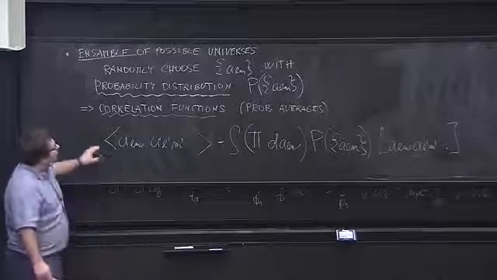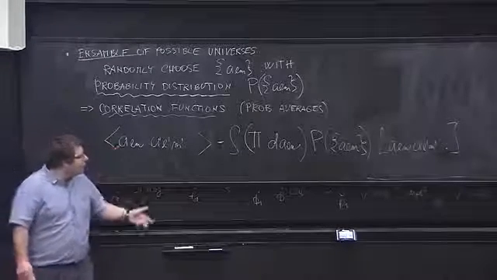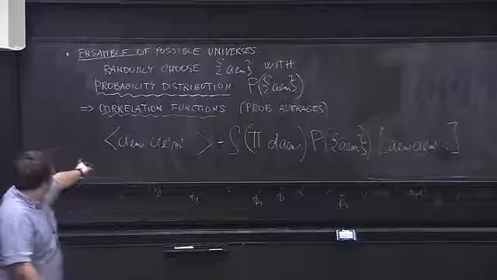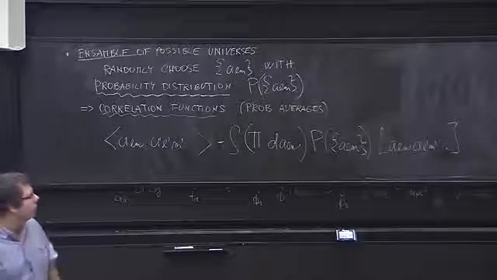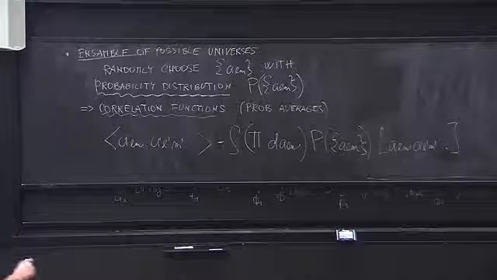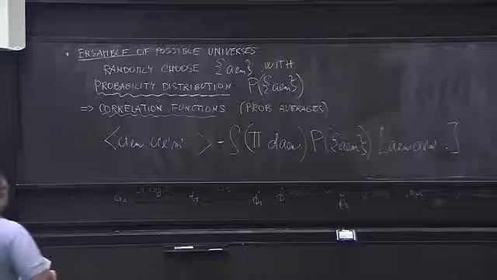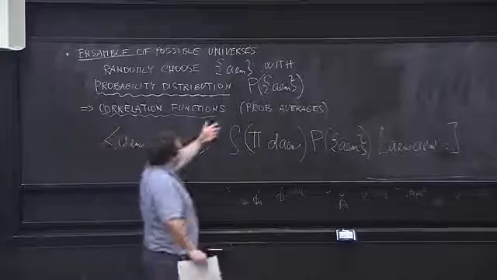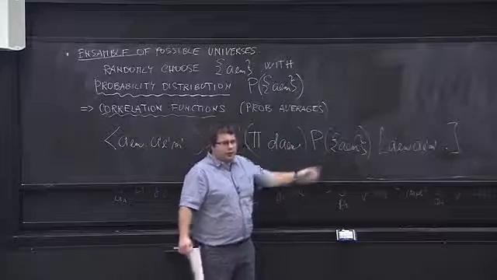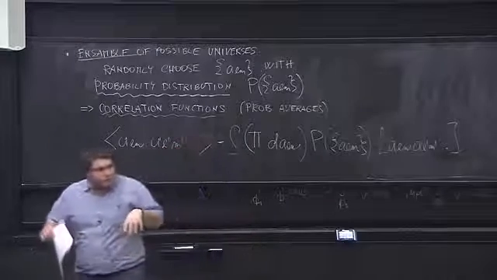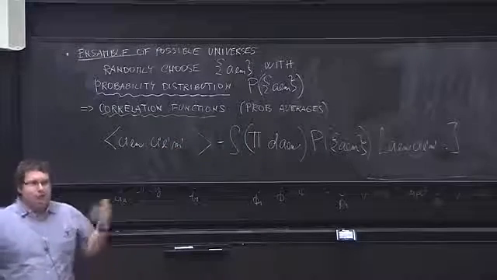Then you want to compare these averages to whatever we observe. In order to be able to do this, the theory has to predict what this probability is, because otherwise I cannot calculate these averages. So it's up to the theory to tell you what P is.